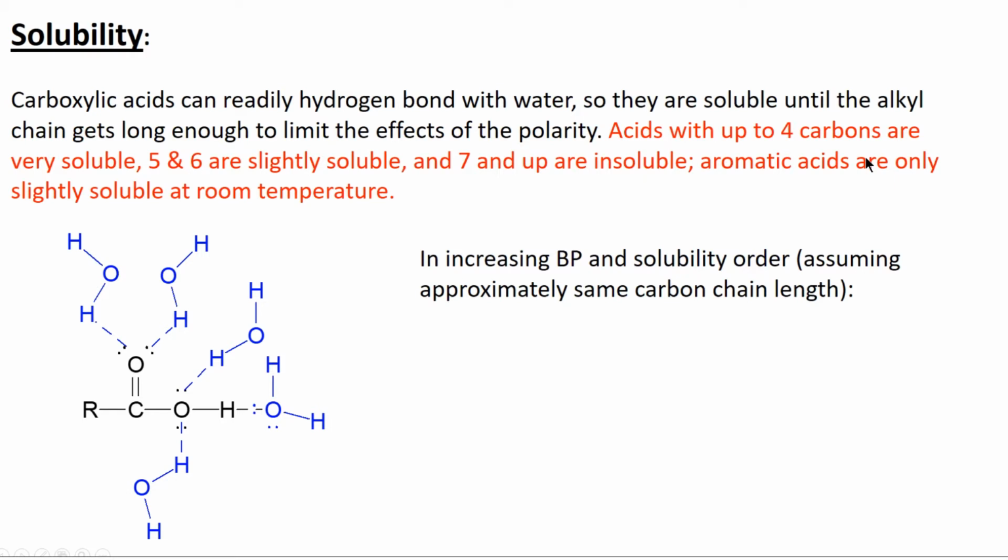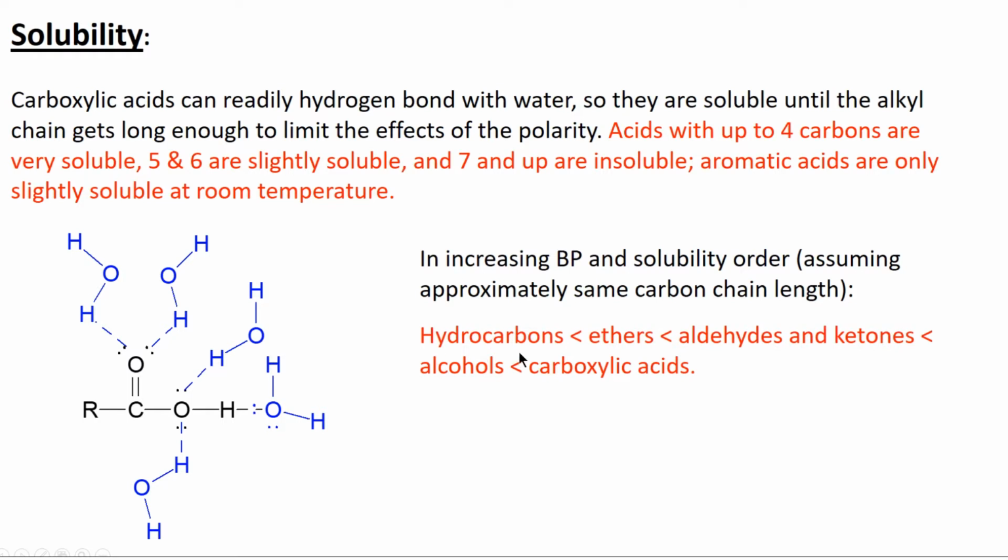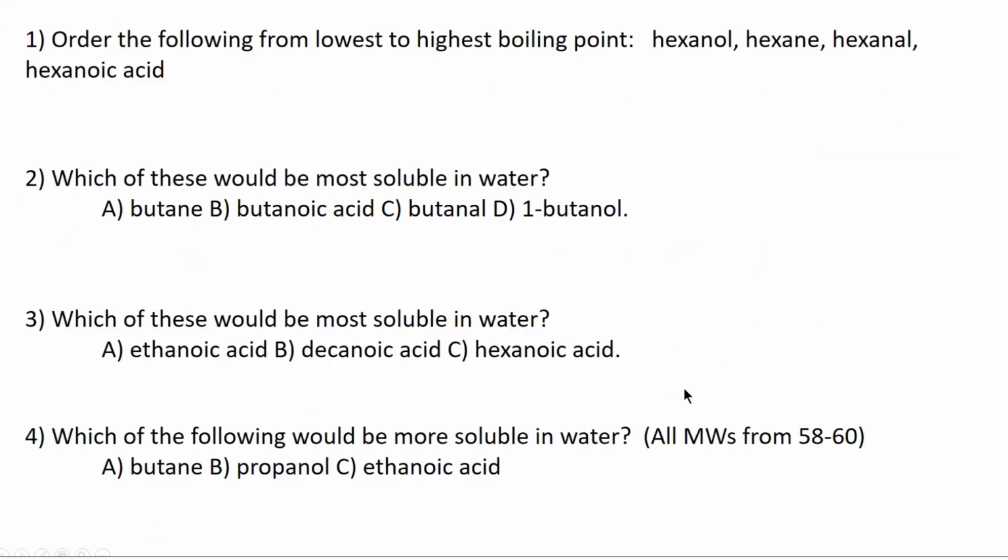Acids up to 4 carbons are very soluble, 5 and 6 are slightly soluble, and 7 and up are insoluble. The general rule of thumb is that 5 or more carbons decreases solubility. So again, increasing boiling point and solubility order are about the same: hydrocarbons, then ethers, aldehydes and ketones, alcohols, and then carboxylic acids.